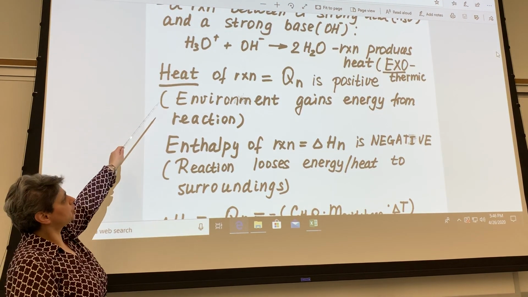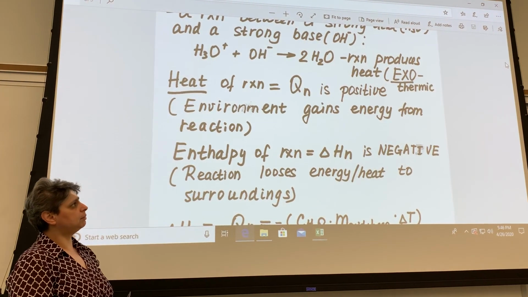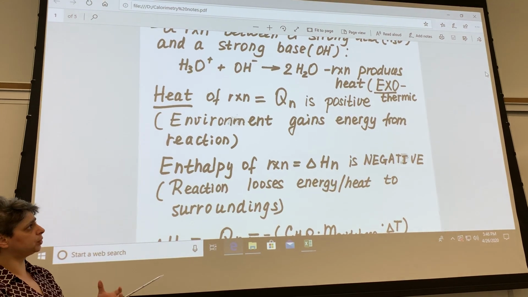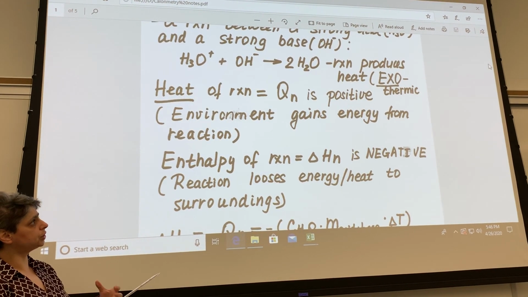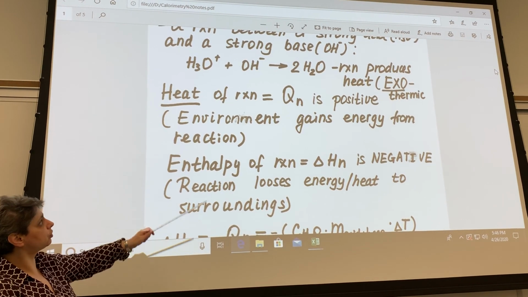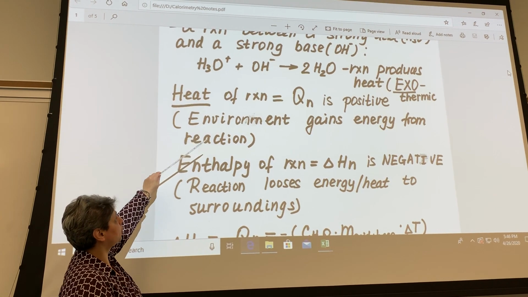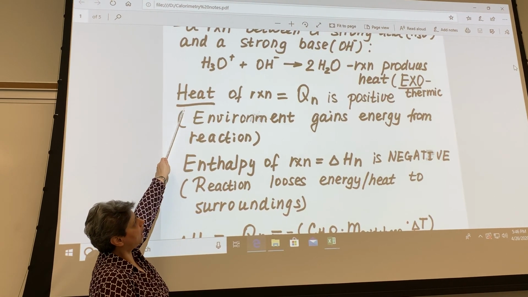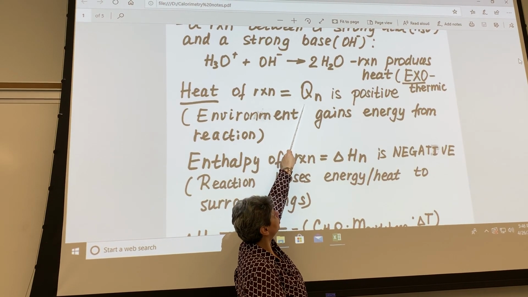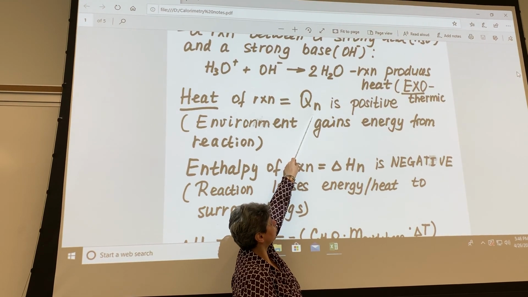For heat of reaction, we're looking at what happens to the surroundings of the environment. Imagine if you conduct a reaction in a certain container and the reaction produces heat, the heat is going to escape the container and is going to go to the surroundings. So surroundings or environment are going to gain heat, and therefore for exothermic process, heat of reaction, typically designated as Q, would be positive. Here we're dealing with Q, and N stands for neutralization.